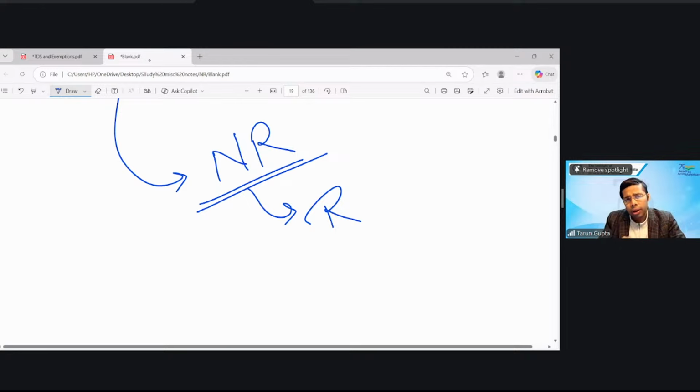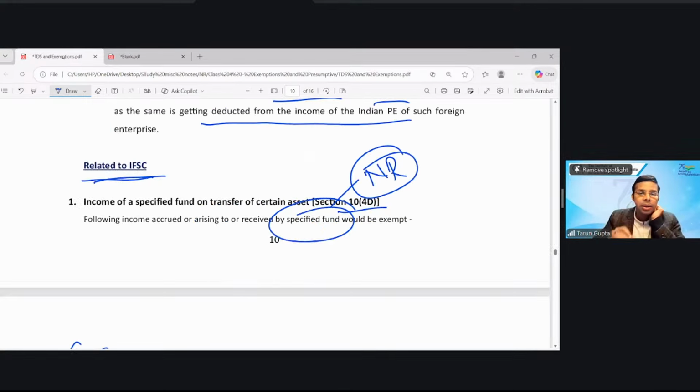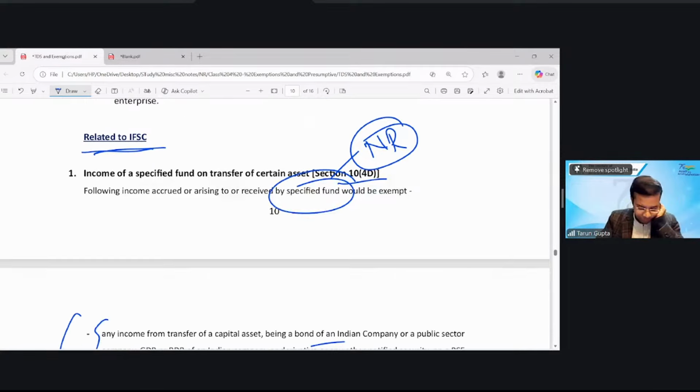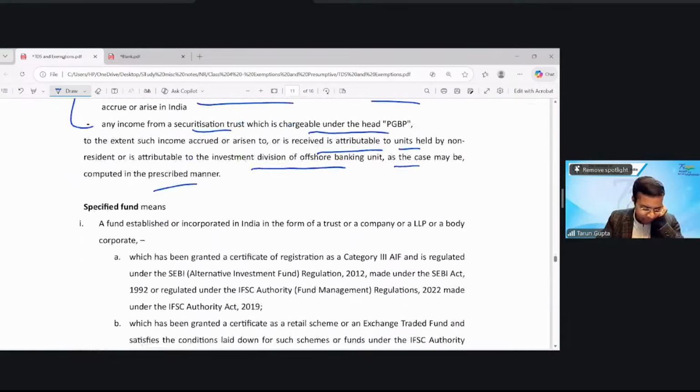Then it is fine, no worries, provided all the units held by all this type of resident who was a non-resident at the time of acquisition of such units should not exceed 5%. So primarily the units held in specified funds are held by non-residents only.